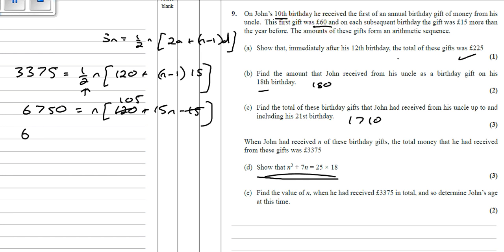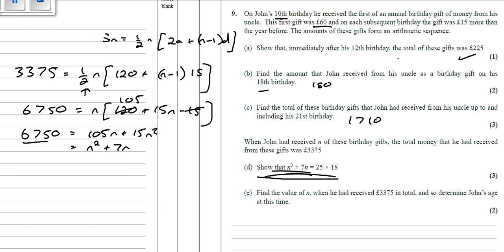So it's 6,750 equals 105n plus 15n squared. If we divide through by 15, we have n squared, and 15 goes into 105 7 times, plus 7n, which is handy because that's what it is over there.